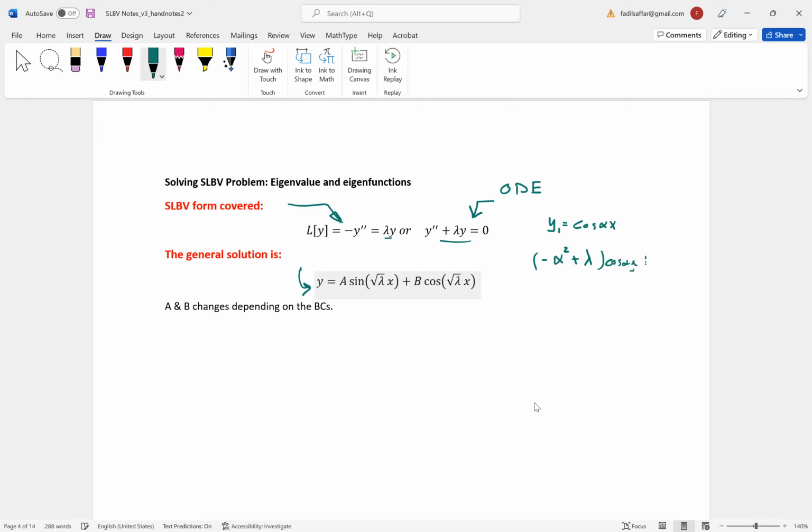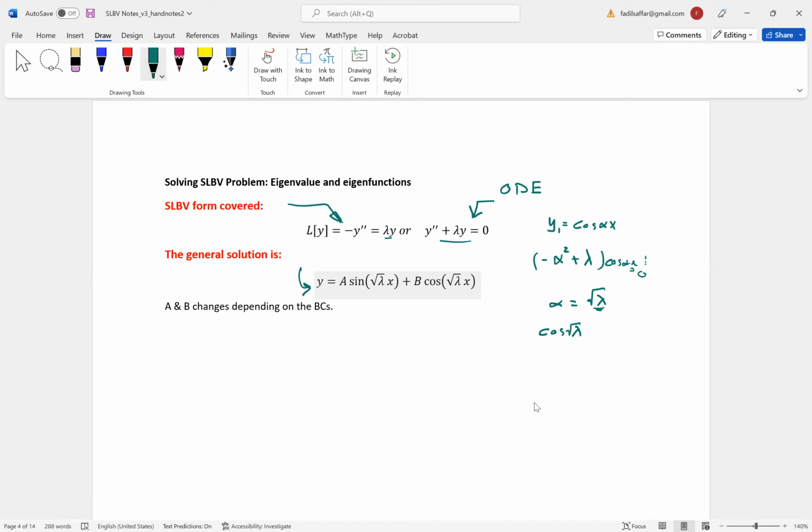And for the non-trivial solution, we have alpha equal to the square root of lambda, which is what we have here. So that y1 is a solution, and that solution just looks like cosine of square root of lambda x.